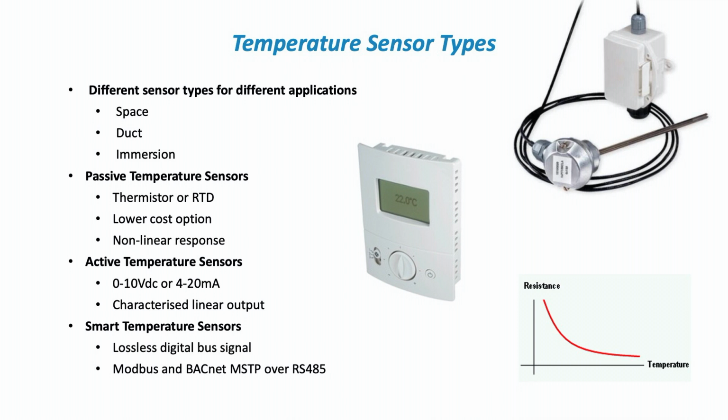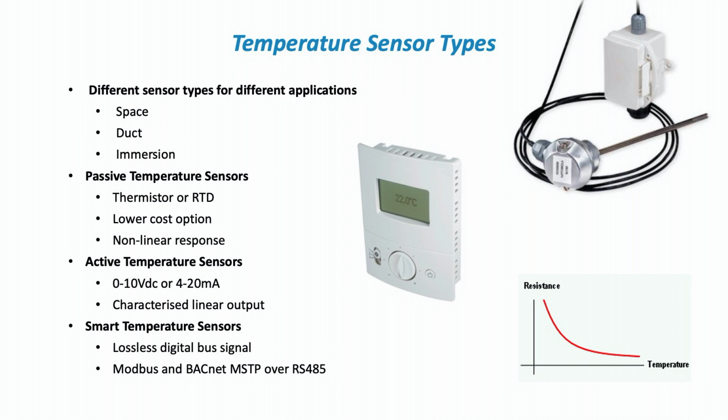We have different types of signals that we get from our sensors. We have passive temperature sensors, which are typically a lower cost option. Thermistors or RTDs, resistance temperature detectors. Again, don't want to dwell on what all these things are. I need to leave some surprises for those of you who are going to come on the BCM 01 course.